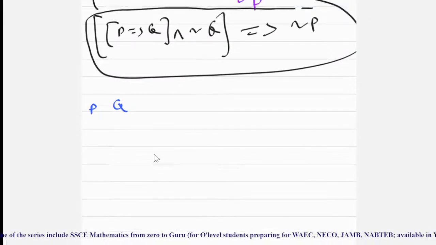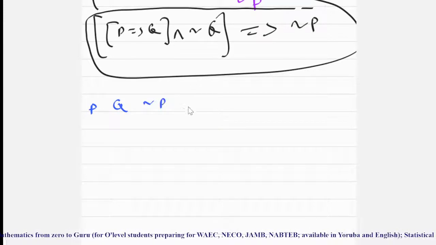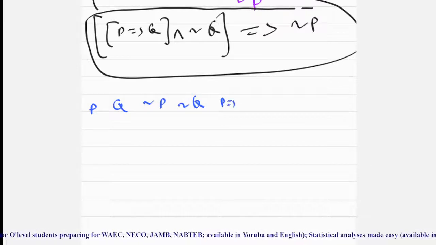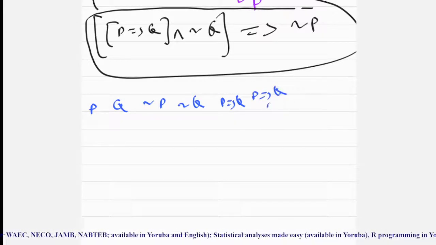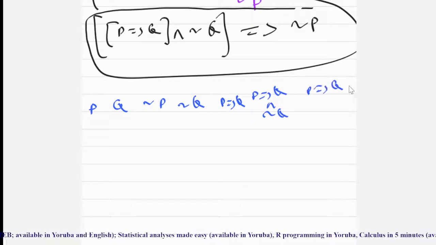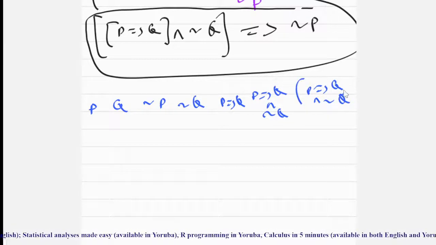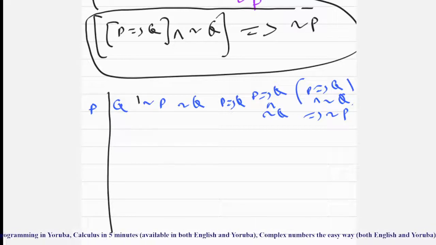In fact, from here, you can have negation P, negation Q, P implies Q, P implies Q and negation Q, P implies Q and negation Q implies negation P. What I've done is break them down into pieces.